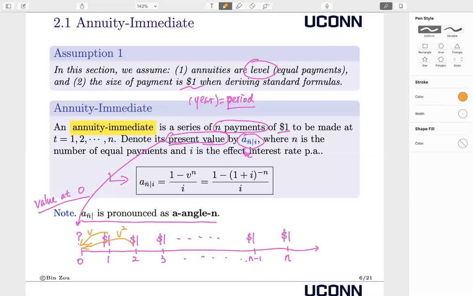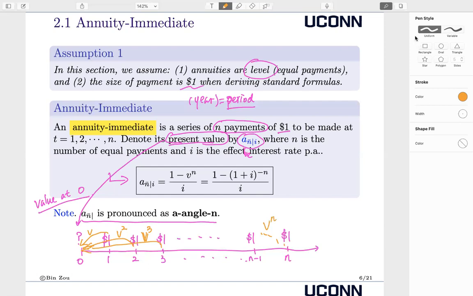In order to discount it from year 2 to year 0, I need to multiply by the 2-year discount factor, which is v raised to the power of 2. So you know what you need to do, right? The third will be v cubed. Okay, finally the last one. I don't draw it. I simply write v to the n.